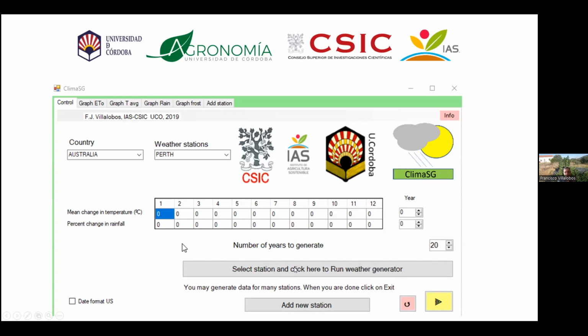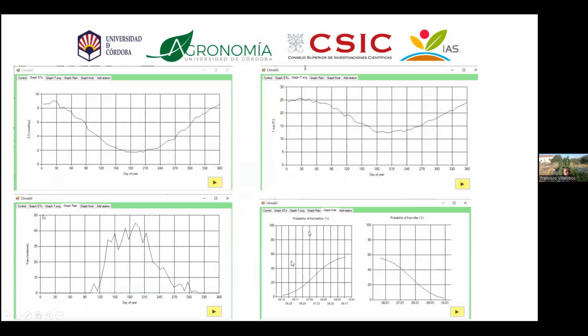We will have also an analysis. The program will provide a rapid analysis of the time course of ETO, average temperature, rainfall during the year, and the frequency distributions or the time distributions of the probability of frost in the autumn, the first frost in the autumn, or the last frost in the spring.